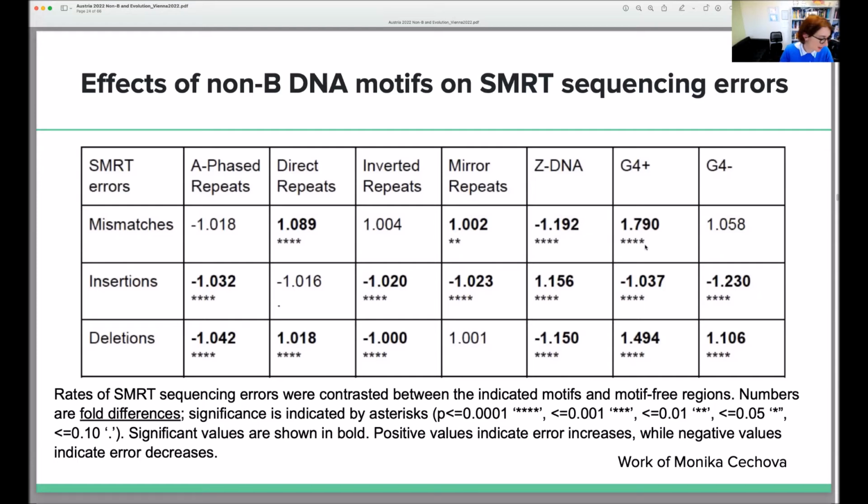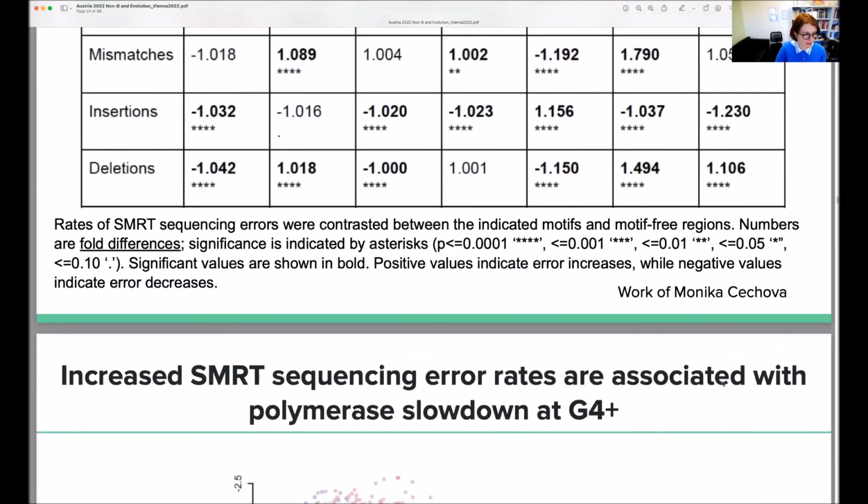The incidence of mismatches is increased about twofold at G quadruplexes as compared to other sequences. There are also additional effects. For example, G quadruplexes increased deletions for SMRT sequencing, but these effects are smaller.